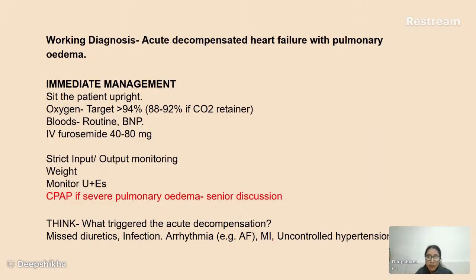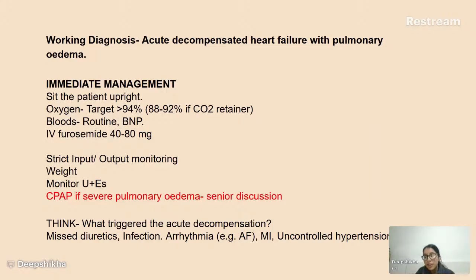Immediately, what you do for this patient is make sure that they sit upright, so all the fluid is concentrated at the base of their lungs and it's not climbing upwards, making it even more difficult to breathe. You want to set their oxygen targets to be more than 94%.